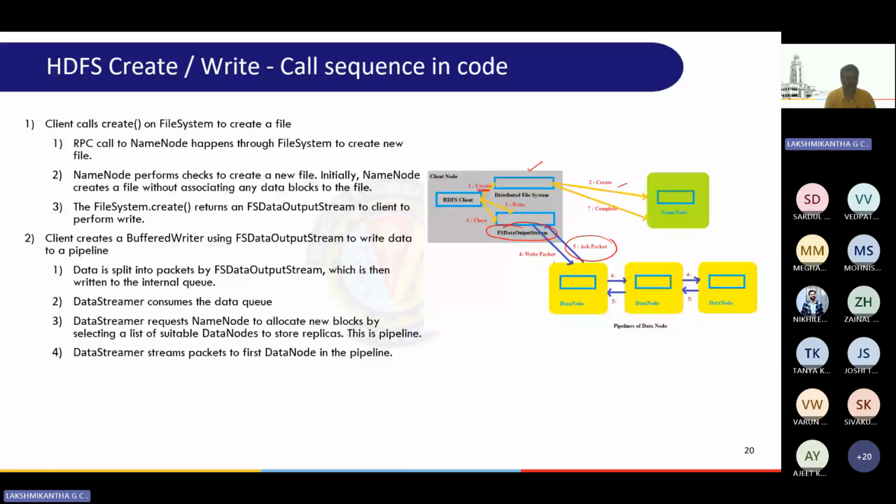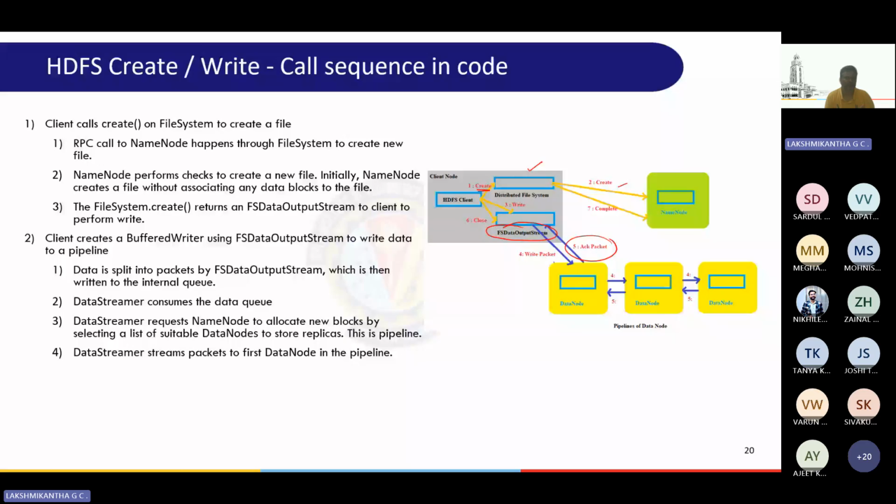So what we have done here: we have taken data. Your HDFS client creates the distributed file system, and then it will create what? A TCP connection to communicate with the name node. The name node is going to create an empty file, and then it will return what? The FS output stream, and then it is going to do what? Divide the data into a number of packets.